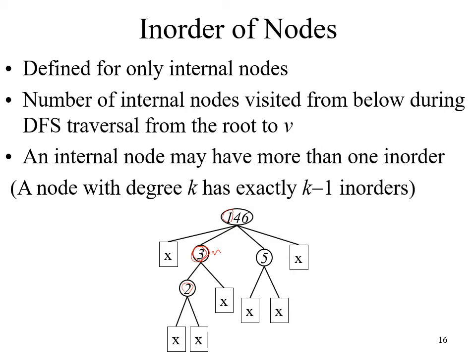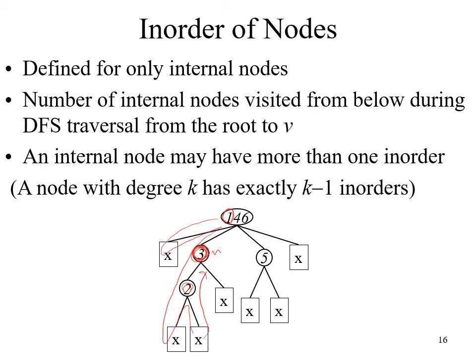During DFS, we go like this and like this. So before coming to V, we visited 2 internal nodes. So this node has in-order 3.